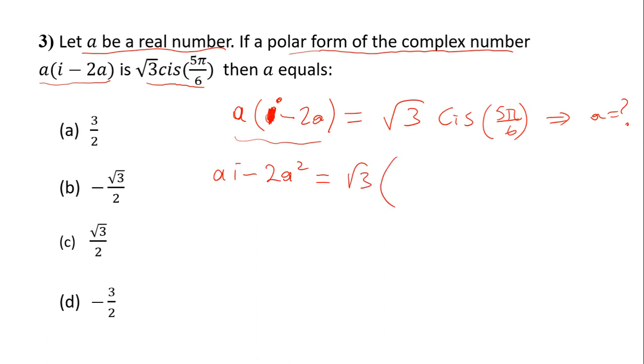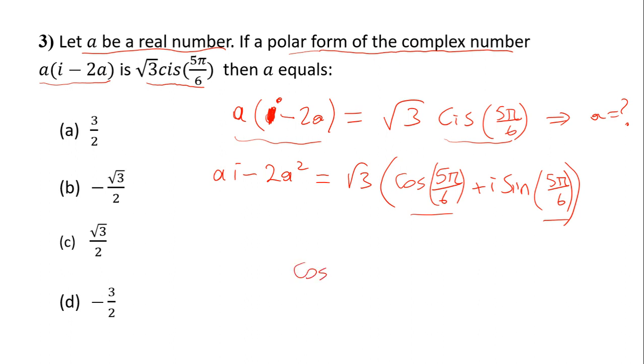Okay, what is CIS 5 pi over 6? It will be cosine 5 pi over 6 plus i sine 5 pi over 6. And here we have to know what is cosine 5 pi over 6.